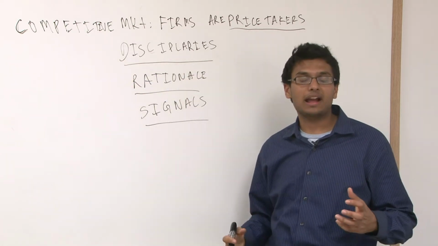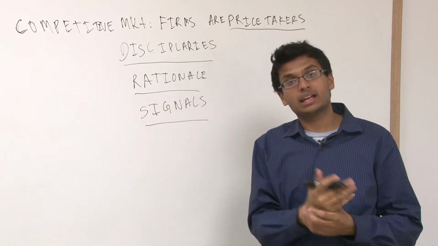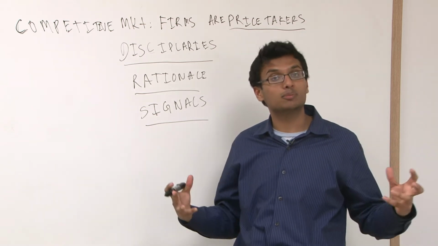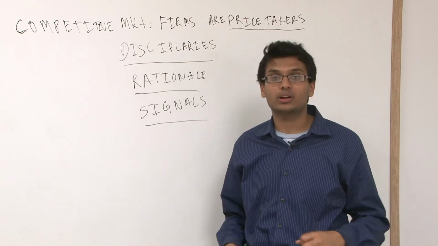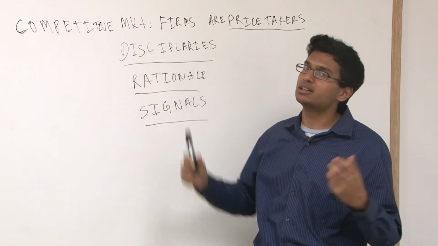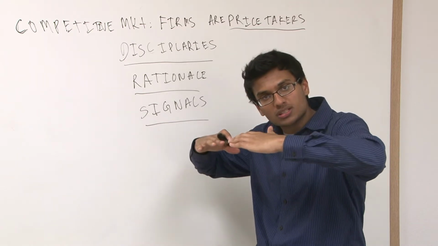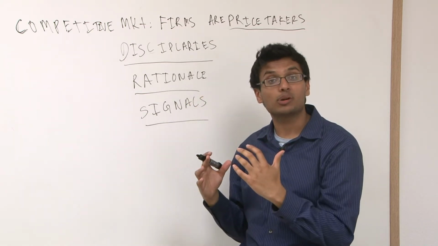Disciplinaries basically talks about the fact that, say, for some reason the price of a hamburger is $8, but the equilibrium price is about $5. What disciplinaries discusses is that the market is going to force the prices to come down to the equilibrium price at 5.